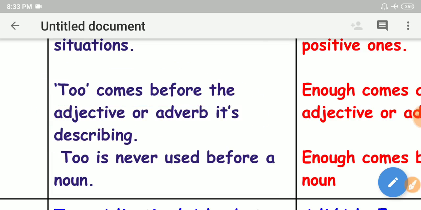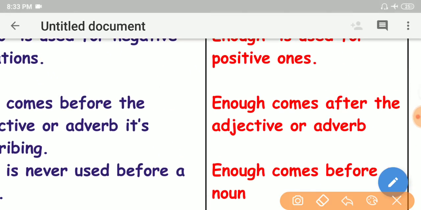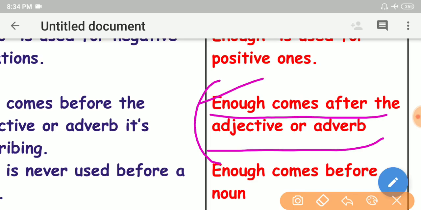At the same time, "enough" is used after adjectives or adverbs, my dear friends. Too is used before adjectives or adverbs. Enough is used after adjectives or adverbs. For example, he is strong enough to fight in the competition.